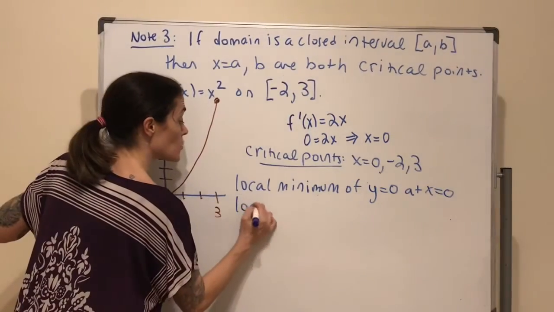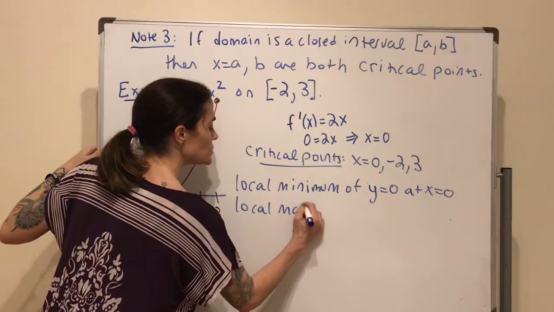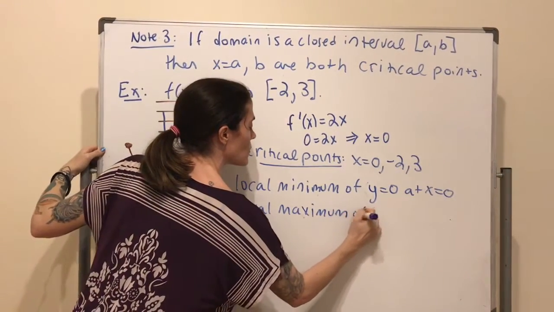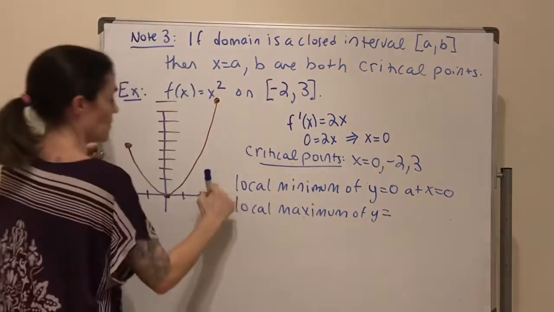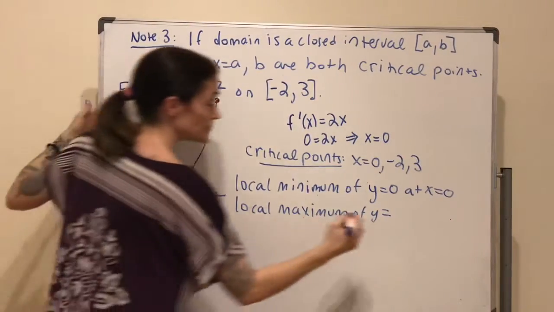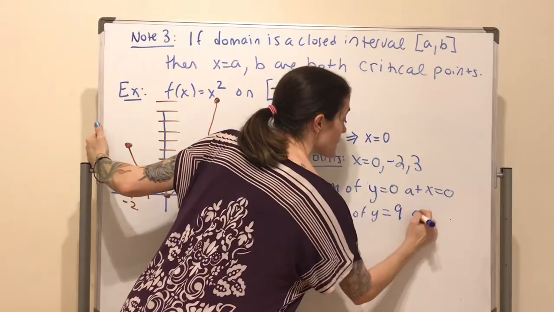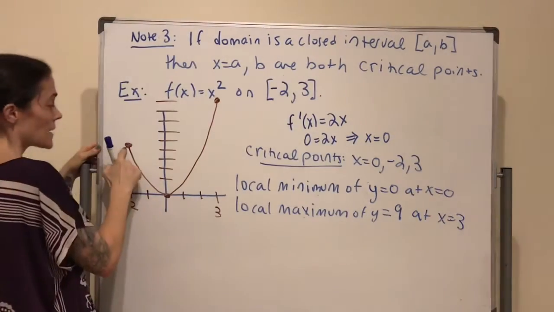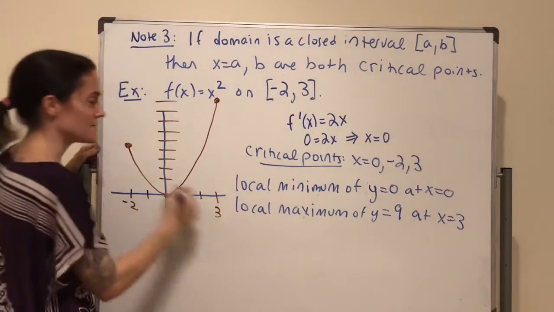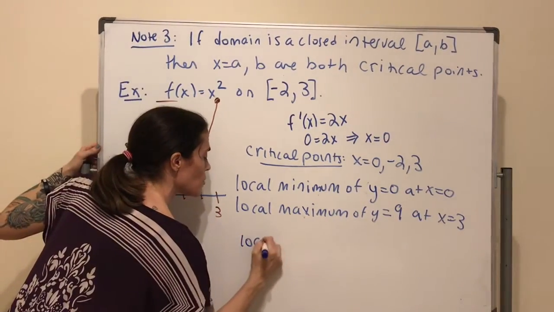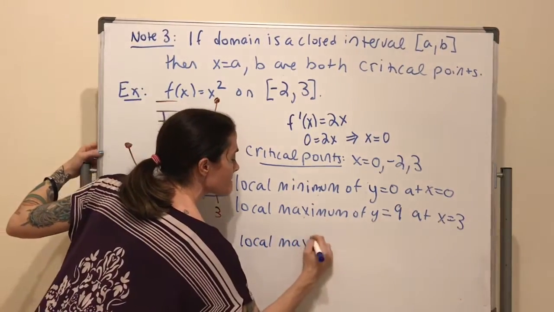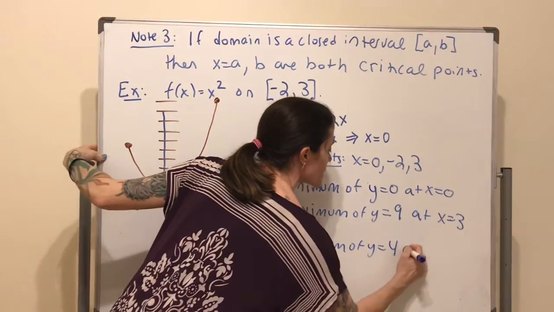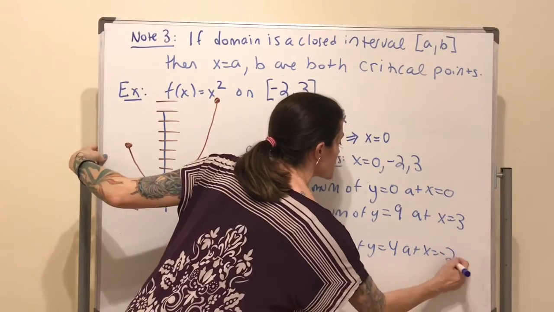We have a local max. Well, we have 2 local maximums. Here, 9, and this occurs at x equals 3, and then here is another local max. We have another local max of y equals 4. It occurs at x equals minus 2.